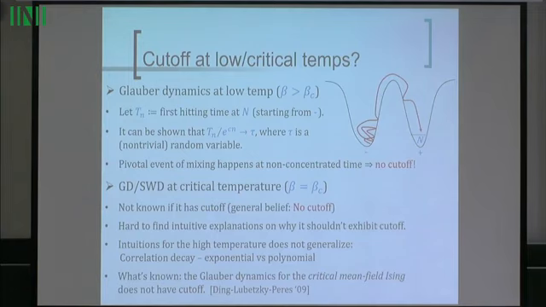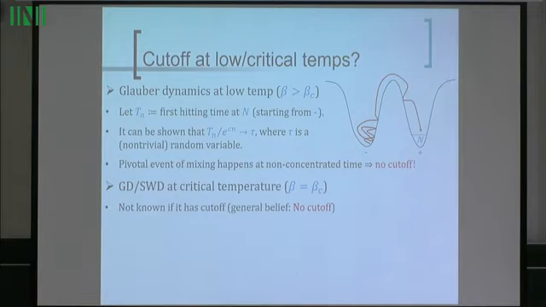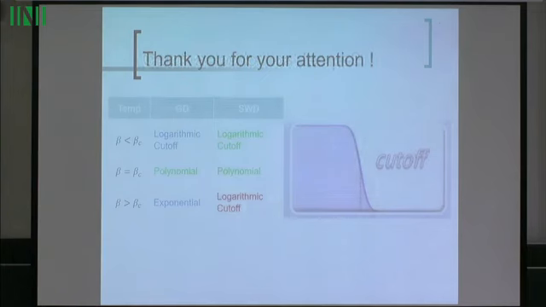And one thing at least we know is that there's no cutoff for the mean field case at criticality. Okay? Yeah. So I'll stop here and thank you for your attention.